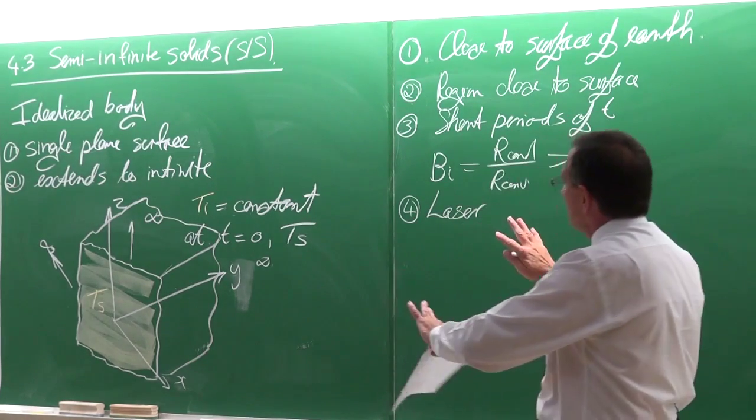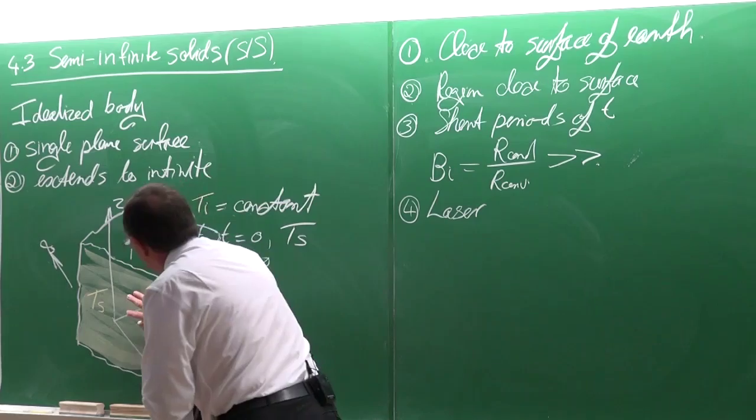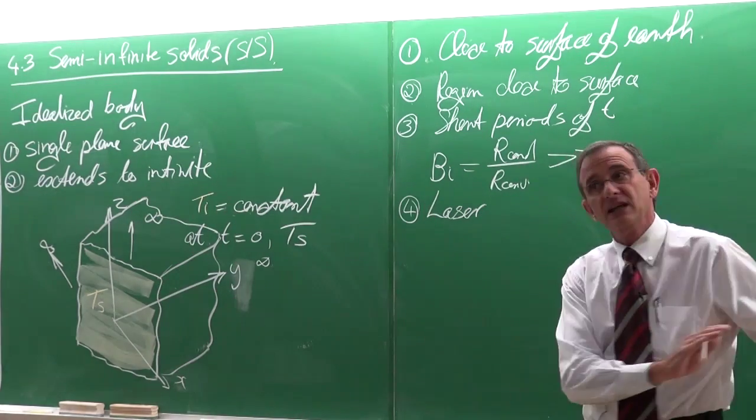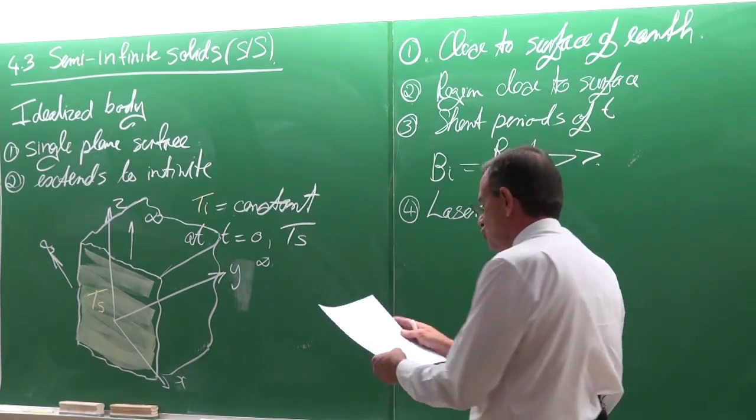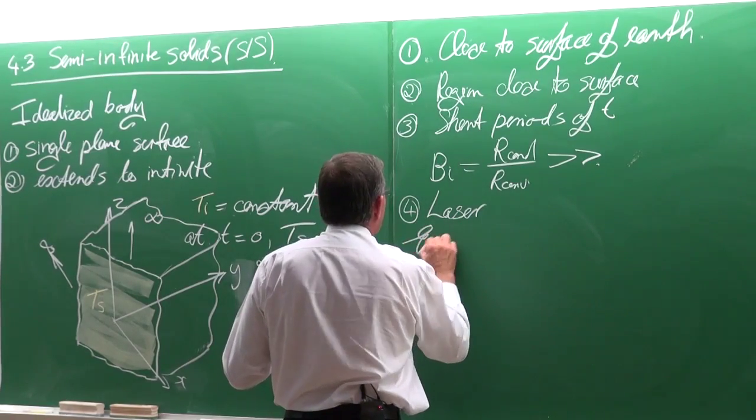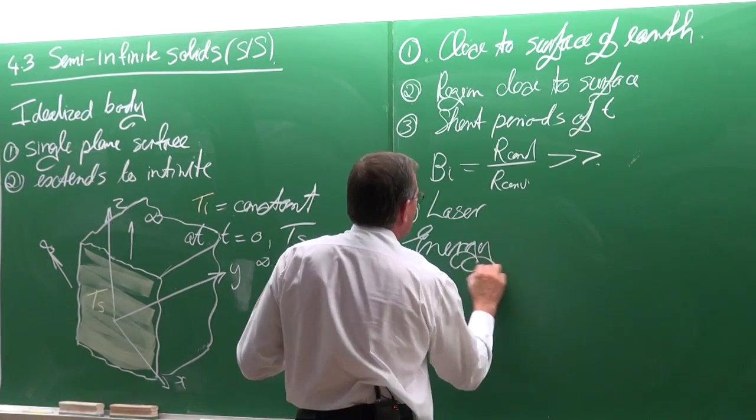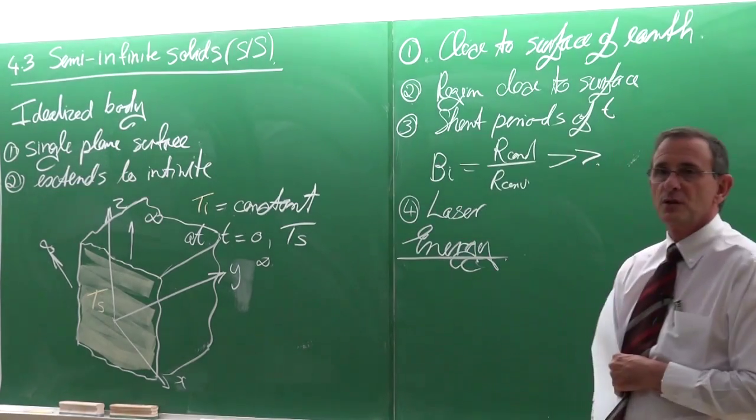So the approach that we're going to follow in terms of this big body, let's just look at the mathematics. What is the background before we get to the solution? It starts with, again, looking at the energy equation from first principles.